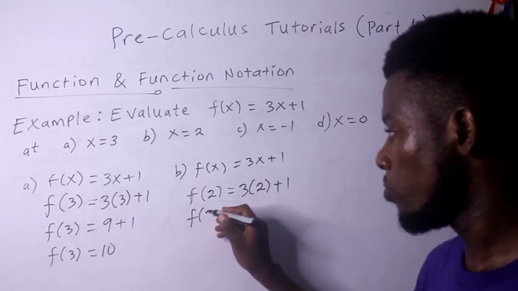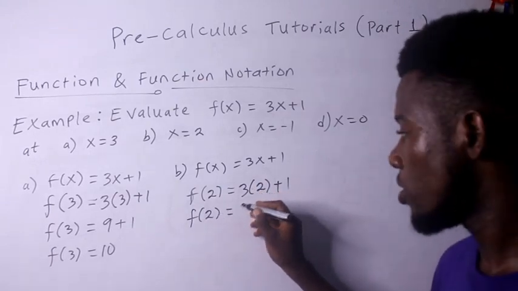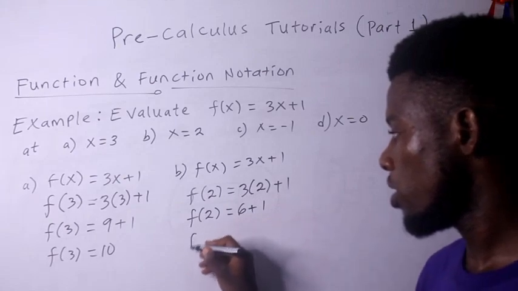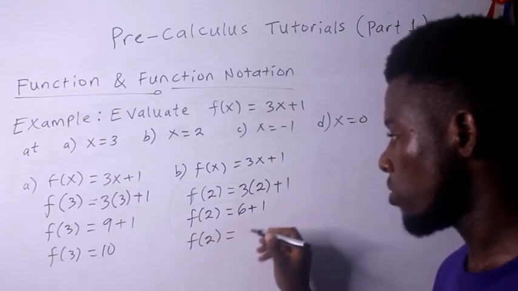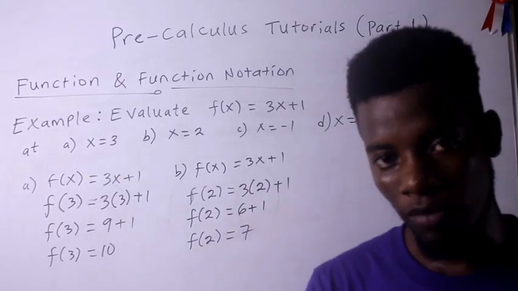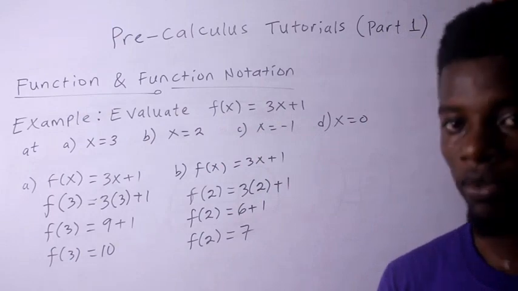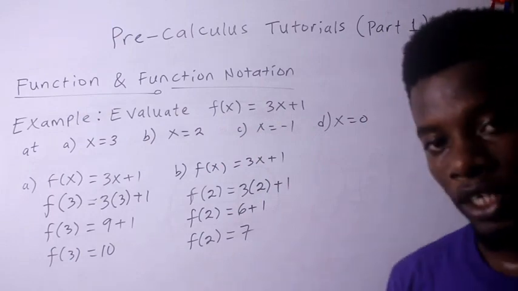So f of 2 equals 3 times 2, that's 6, plus 1, and f of 2 is equal to 7. So if the input value is 2 for this particular function, then the output value is 7.